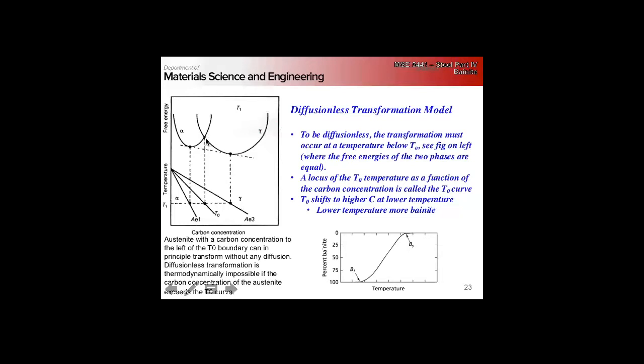So if we're at a point, here's where our ferrite and austenite free energy curves are, and if this is where they intersect, so at this point, our free energies are even, right?